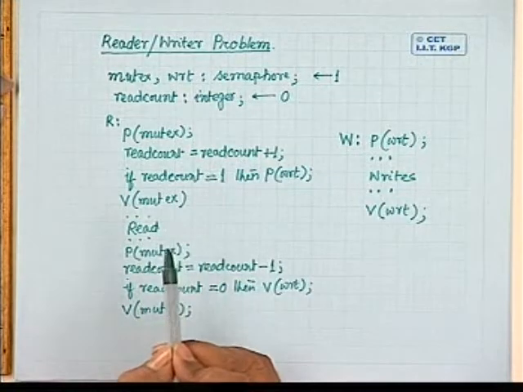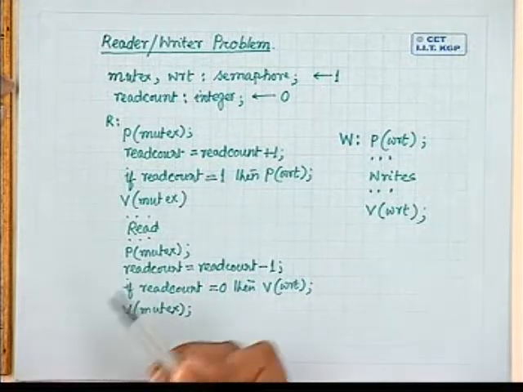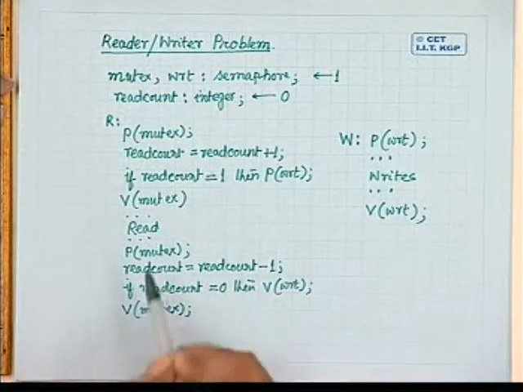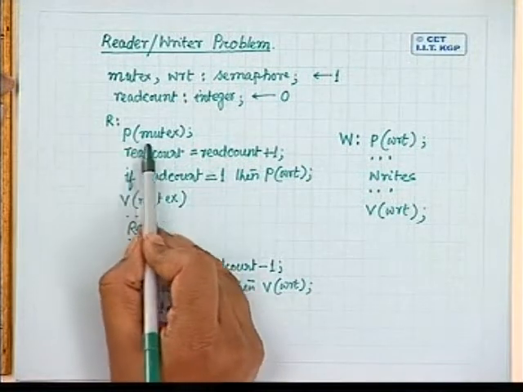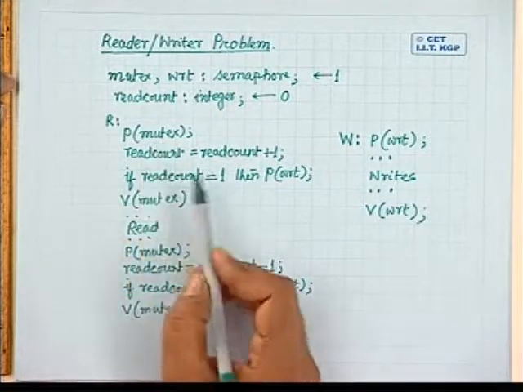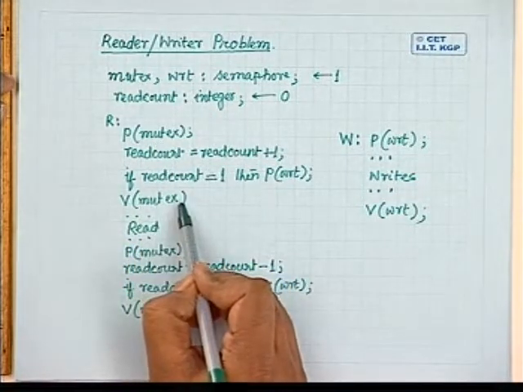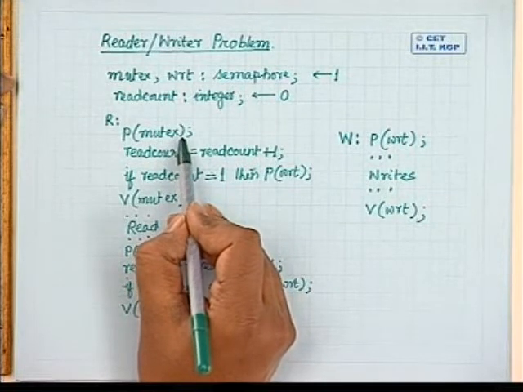In the meantime, while this first process is reading the content of the file, if there is a second reader process who also wants to read the content of the file, the second reader process will perform this p mutex operation. Because the first process has already executed v mutex, p mutex for the second process will also be successful.